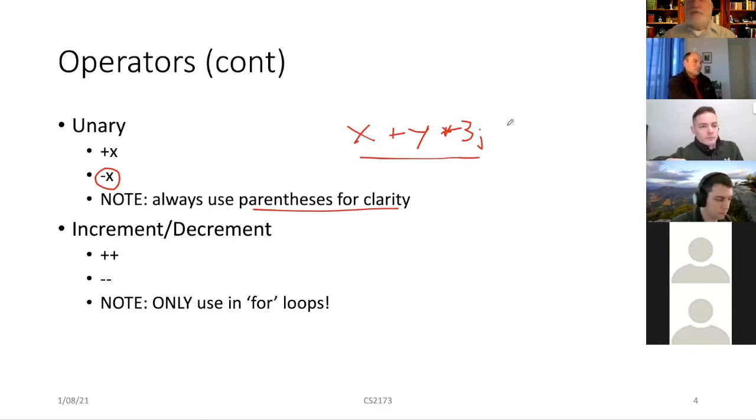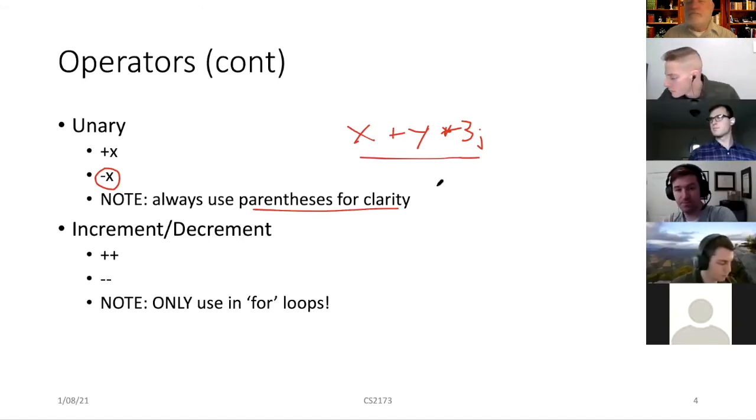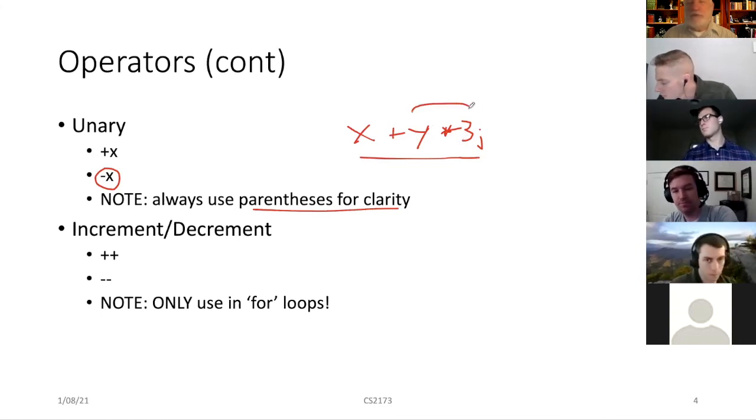Would I add x and y and then multiply it by 3? Or would I multiply y by 3 and then add it to x? It should be y times 3 plus x. Yeah, so I would do this first and then add that. Why? Because this operator has higher precedence.